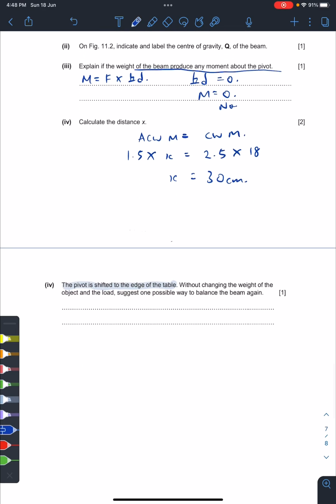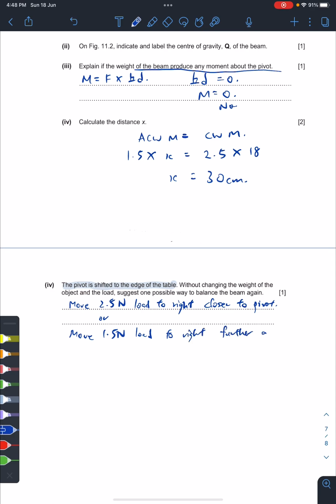You can do two possible things. They only say one, but you can do two. Either you move your 2.5 Newton load to the right, closer to pivot. Or you move your 1.5 load to the right, further away from the pivot.